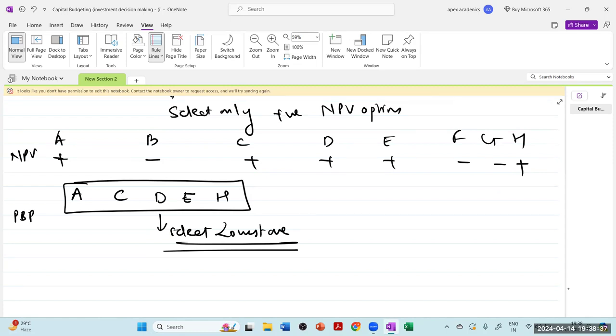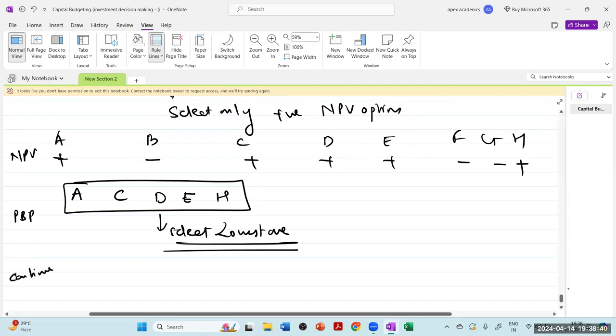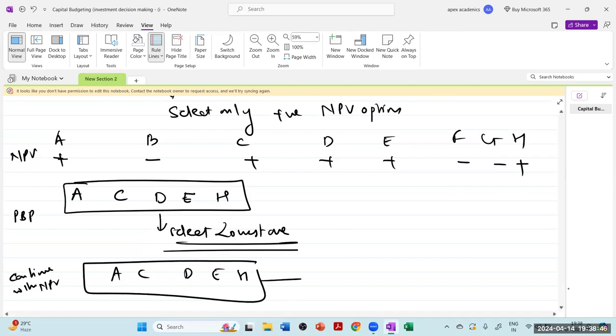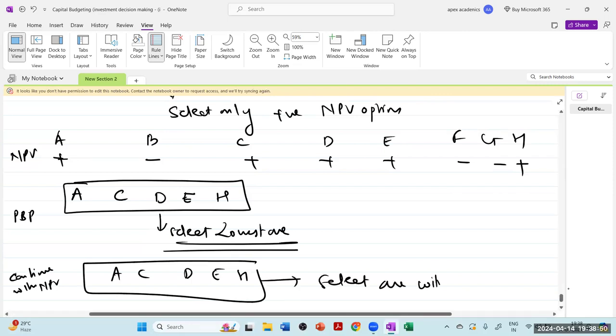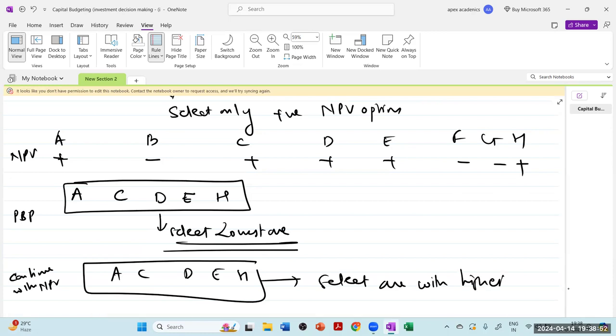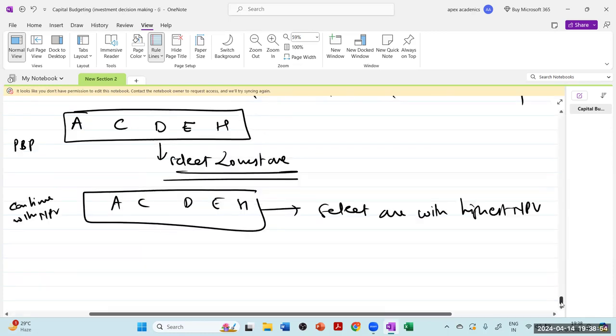If you want to continue with NPV, out of A, C, D, E, and H, obviously select the one with the highest NPV so that you have the highest amount of recovery. What is NPV? Obviously PVCIF minus PVCOF.